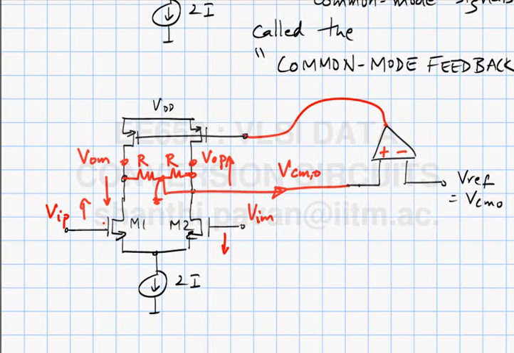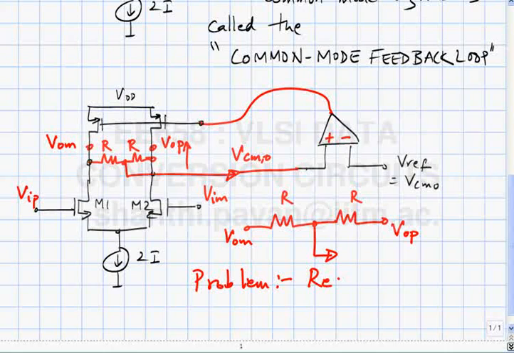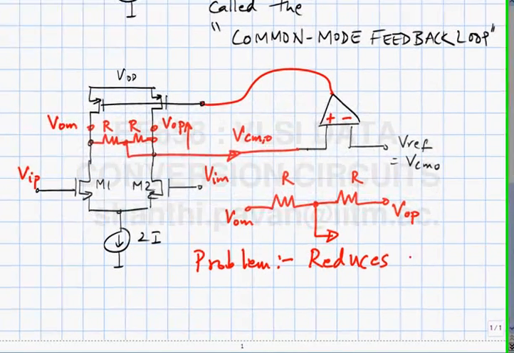It is simply Gm times R. So this is one example of what is called a common mode detector. The problem with the resistive common mode detector is that it reduces differential gain.